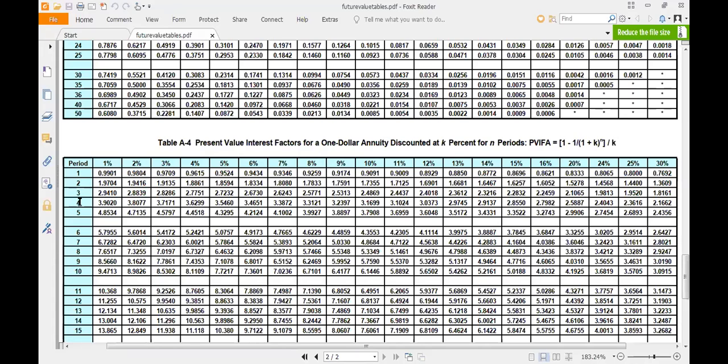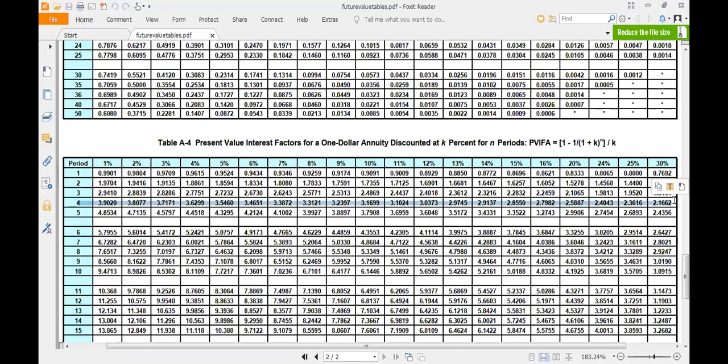So if you could see, for the 4th year, these are the present value interest factors for annuity. Now out of these I have to find those 2 values which are closer to 2.9409, and corresponding to that I will find out the rates. The first amount is 3.9020, which is too far. 3.8077 is again too far.